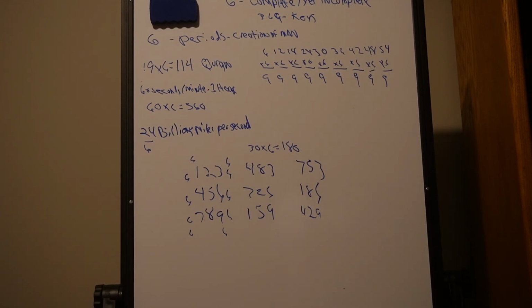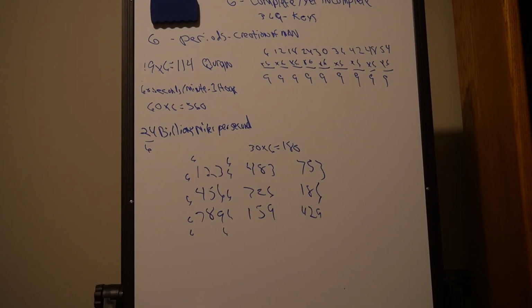If you add and multiply 7 throughout, you're going to get 7, 5, 3, 1, 8, 6, 4, 2, 9. If you add and multiply 4 and 5, you're going to get 4, 8, 3, 7, 2, 6, 1, 5, 9. If you add and multiply 1 and 8, if you do 8 times 8 is 64, you break that down, it's going to be the number 1.